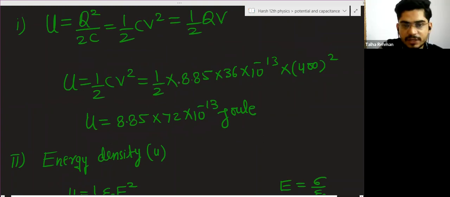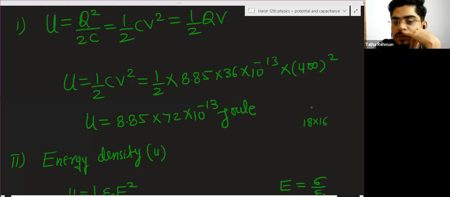I am calculating this. So this will become 10 to the power 4, and 8.85 is here, and this will become 18 and this will become 16. 18 into 16, and 10 to the power 4 into 10 to the power minus 12.